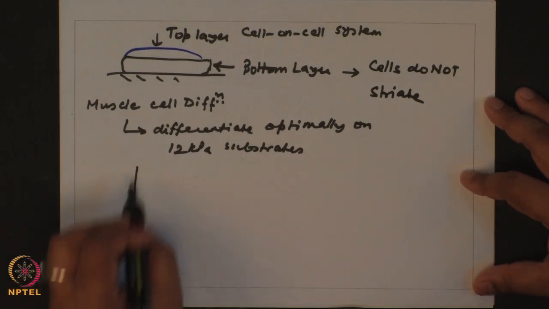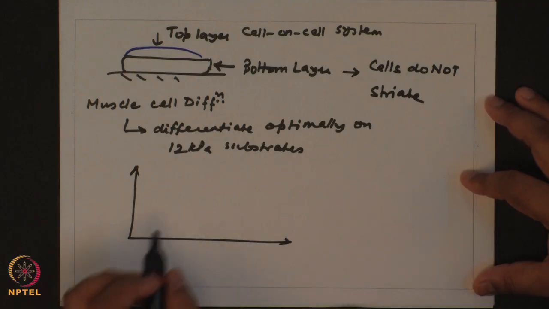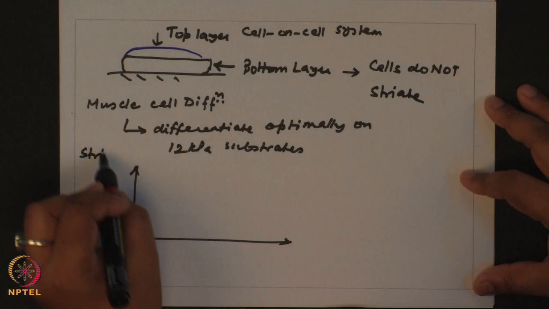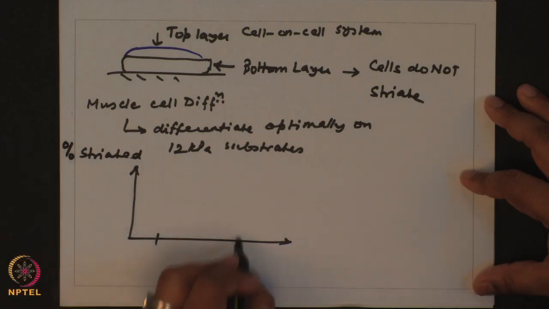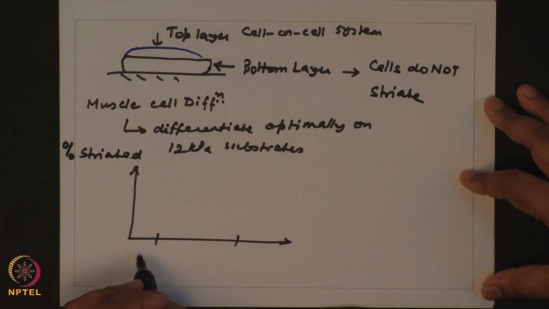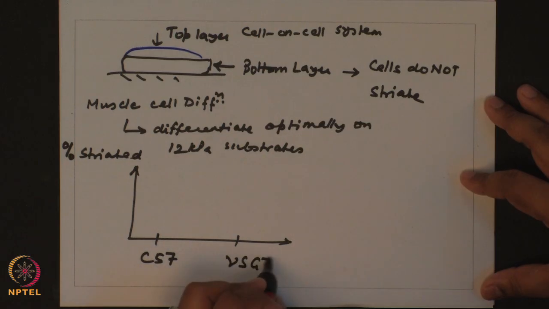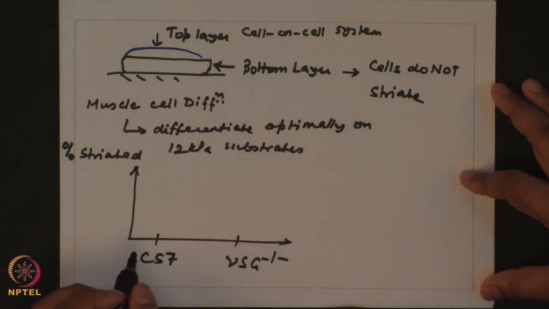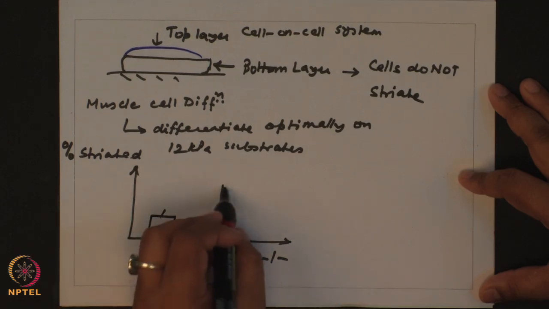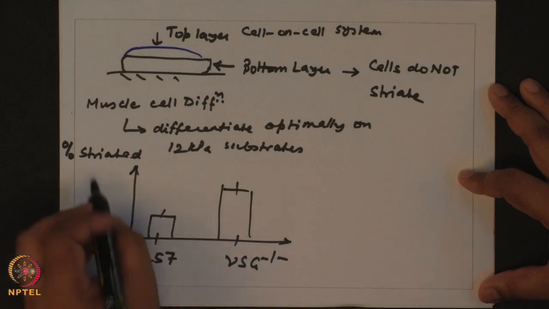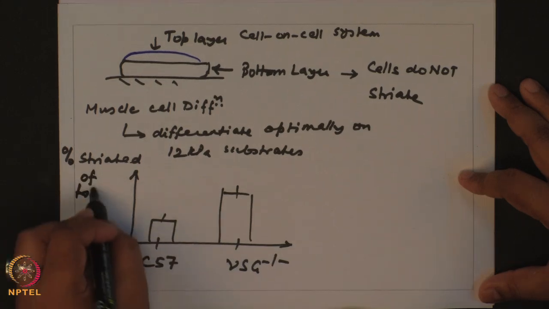Okay. So, when striation was compared in wild type, in cells isolated from C57 wild type mice and cells isolated from gamma sarcoglycan deficient mice, what was observed, if this was the level of striation, this is only the percentage striated of the top layer.